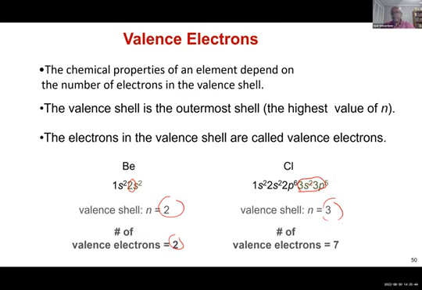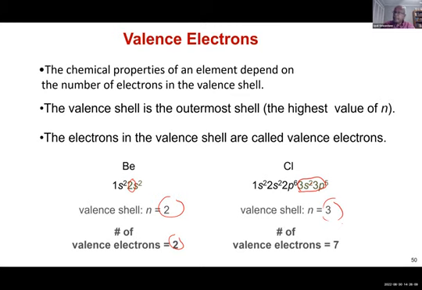So from the electronic configuration, you can find the valence shell electrons: the highest shell number with its atomic orbitals. You get all of them added up. 3s2, 3p5. You got 7.